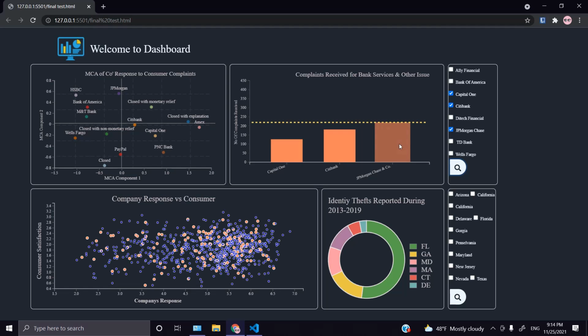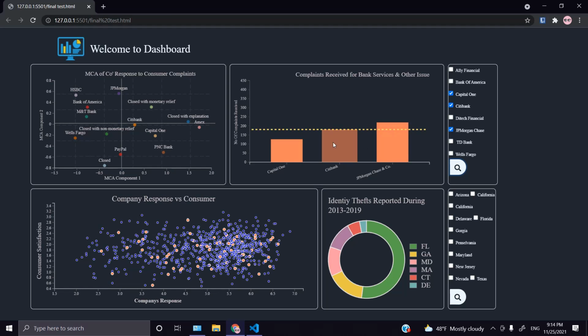So we can see that with this data, JP Morgan's response is somewhere in between, like a quicker response, but their customer satisfaction is not there yet. We can see some mixed up data. If we go to Citibank, their response is not there yet, because you can see the more dispersed data, but their responses are in between, and some of their customer satisfaction is also low.